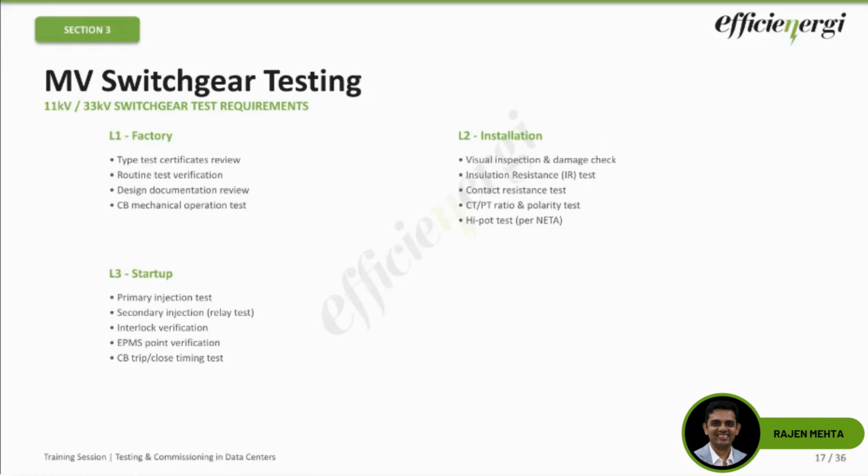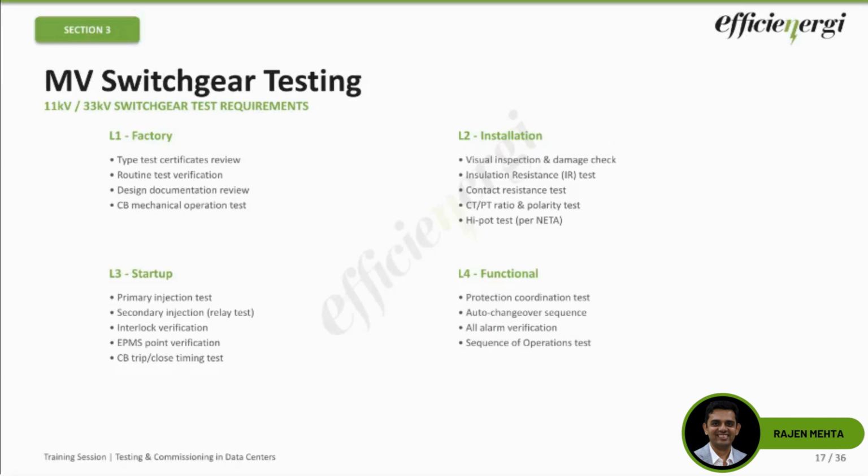Then interlock verification, again very important, where you are verifying mechanical, electrical, and various interlocks. EPMS point verifications, point-to-point checks, your timing, trip time, close times, open close times, and all of these for the circuit breakers are also done over here.